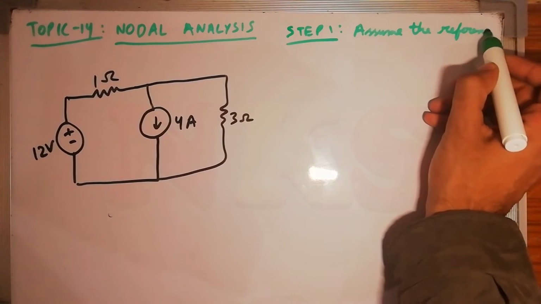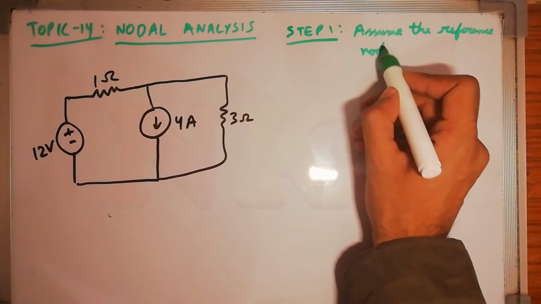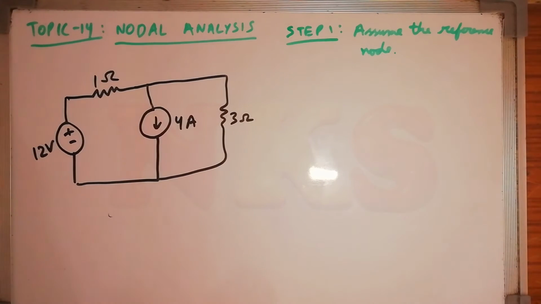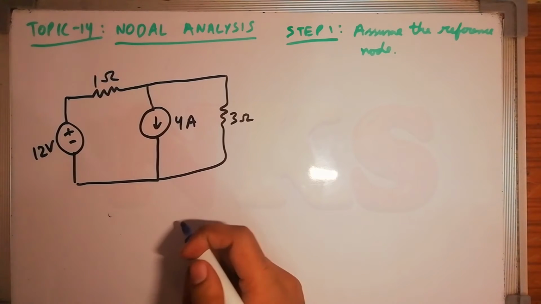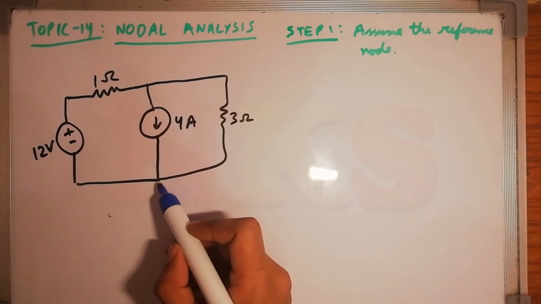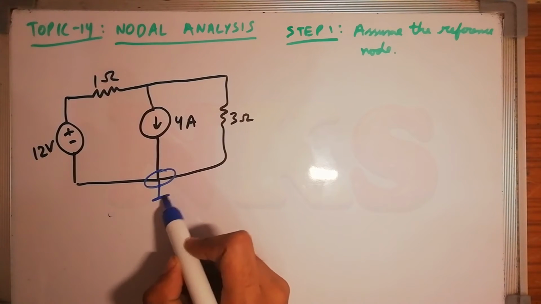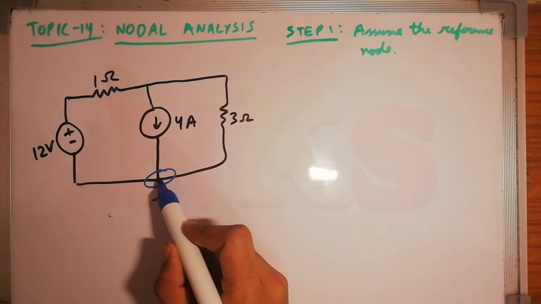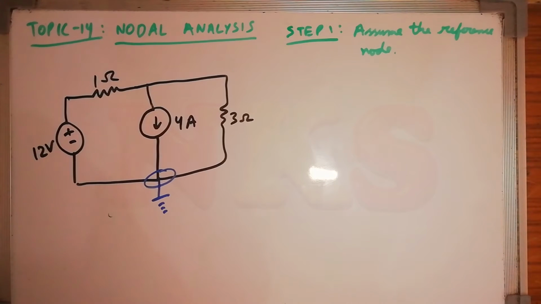You can assume any node as reference, but with practice you will come to know that by choosing certain nodes in a circuit, the calculations become easy. Here there are only 2 nodes, so I will choose this as the reference node. Reference node means the potential of this node is 0.